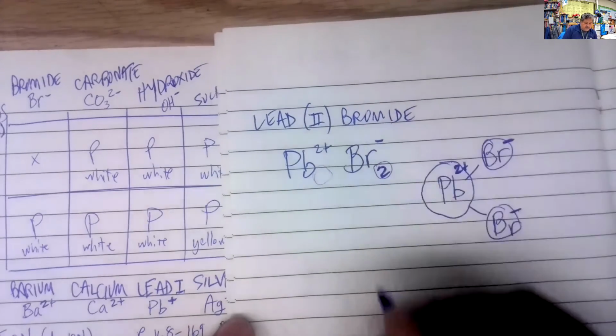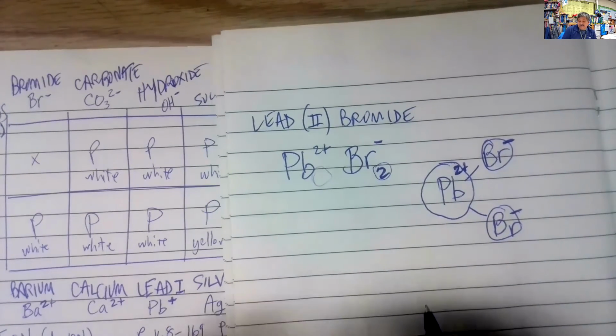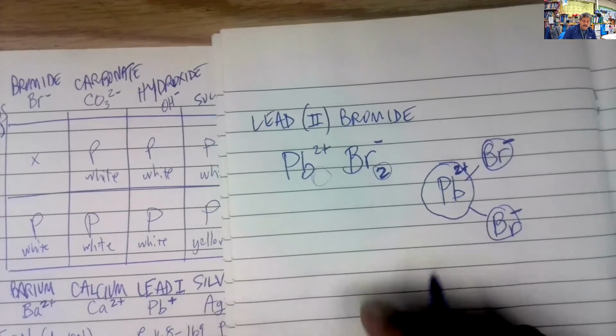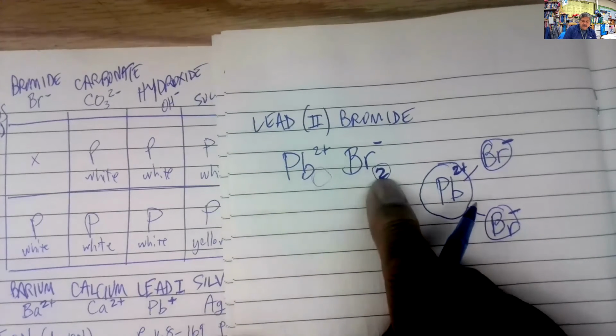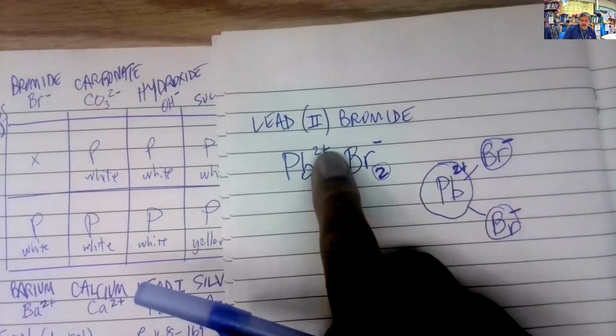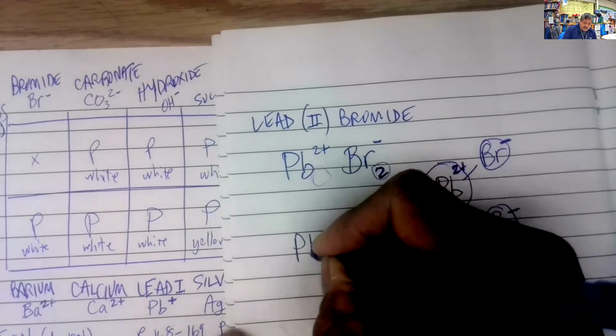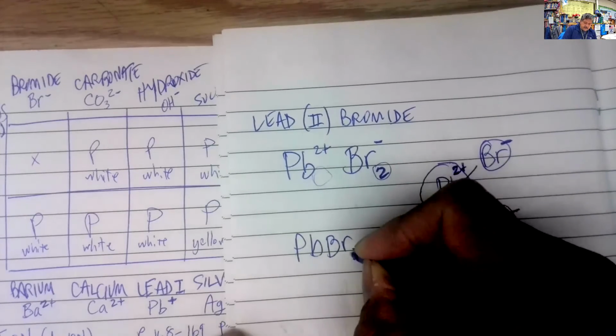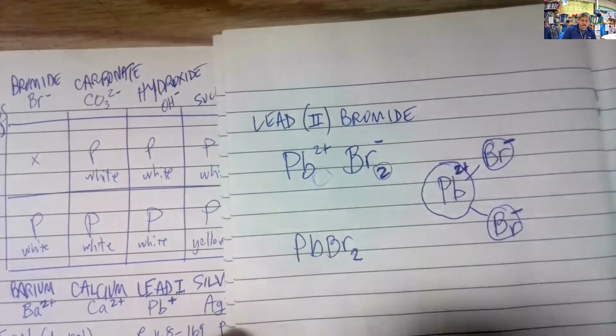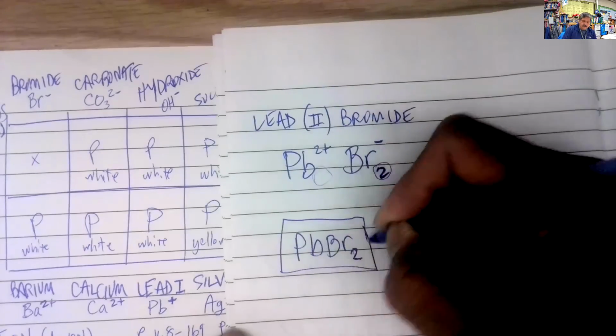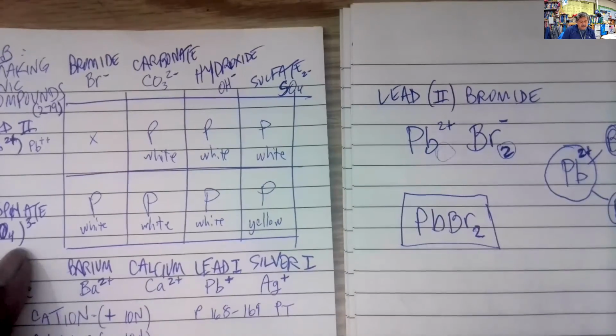So the formula for question 3 is PbBr2. Once you get the final formula, you don't have to put the electrical things in anymore. So my final answer is PbBr2. And do that for the rest of them. Just make sure they're balanced.